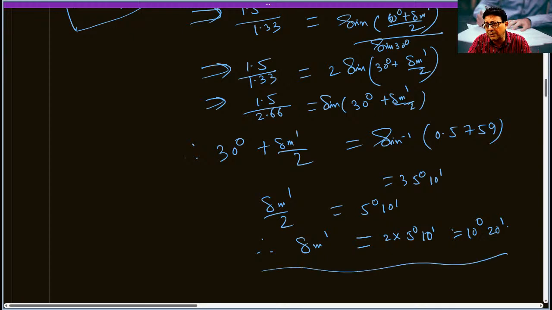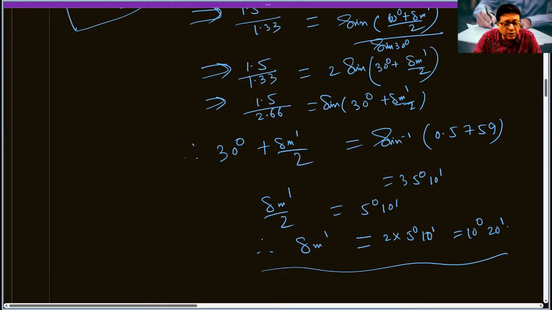It was not a difficult sum, a simple sum in fact, isn't it? In board exams, if it is asked, or in competitive exams also, they can convert this into an MCQ. Then the sin inverse value will be given. You will get some data on it. Don't worry. Okay.